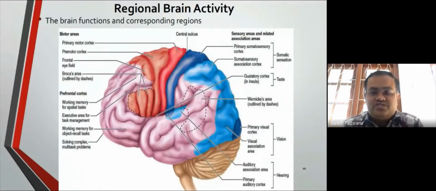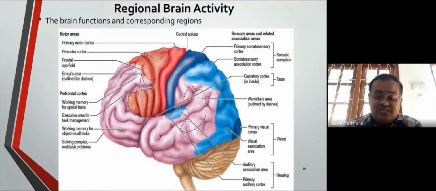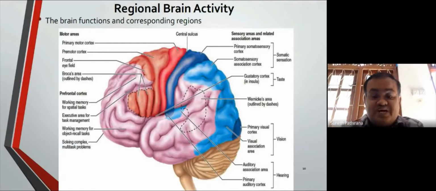And the somatic sensation, that is sensation by your tongue or your nose or your skin. So there are specific regions which have the expertise of processing the external stimuli or signals and making some decisions.